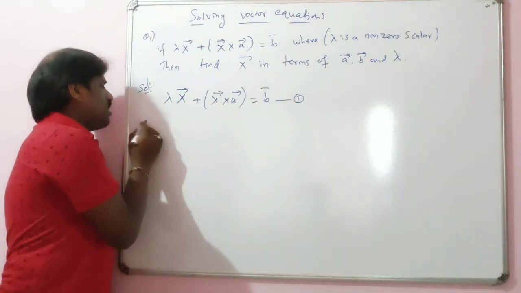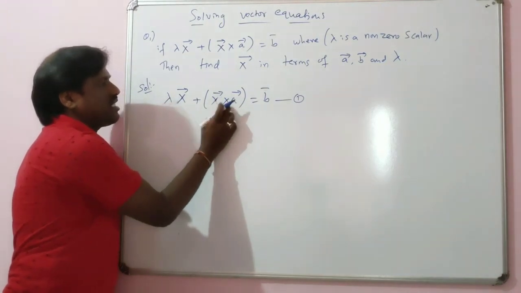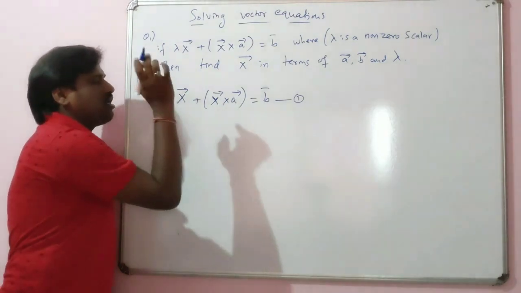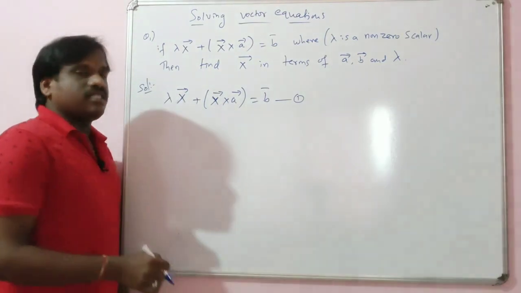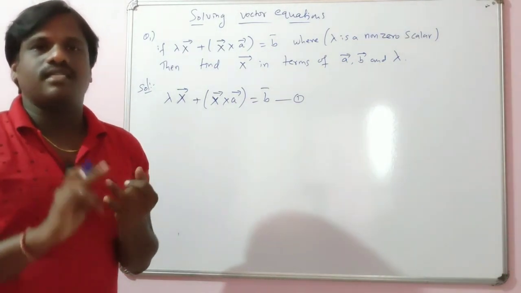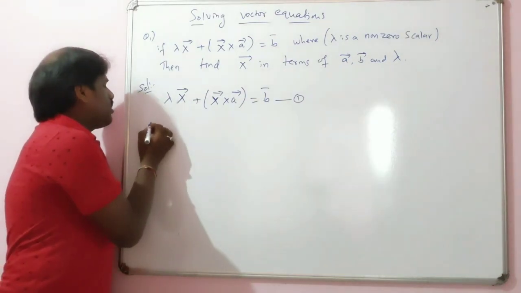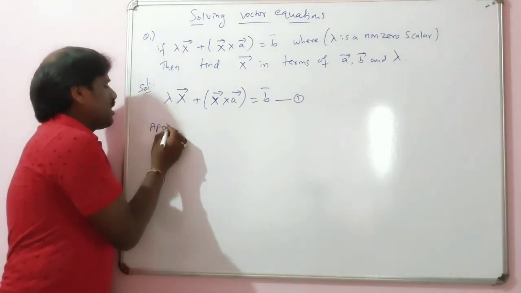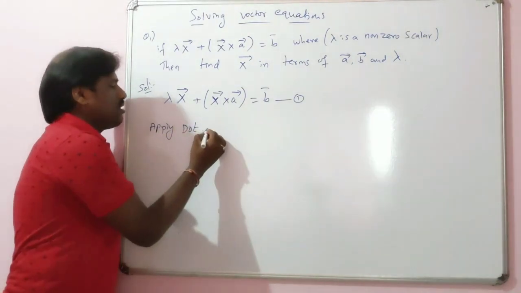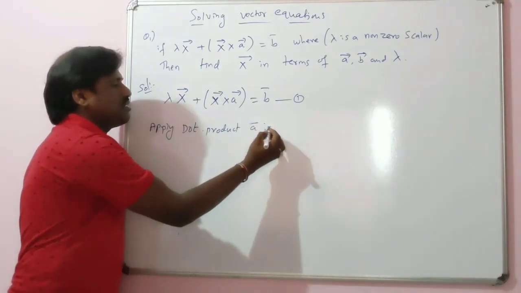So what we do here: with x vector, what other vector do you have? That is a vector. With x vector, whichever vector is there, that will be the logic to be applied. So with this vector, make the dot product, make the cross product and simplify it. That is the logic to be applied here. So what I am doing, apply dot product with a vector on both sides.